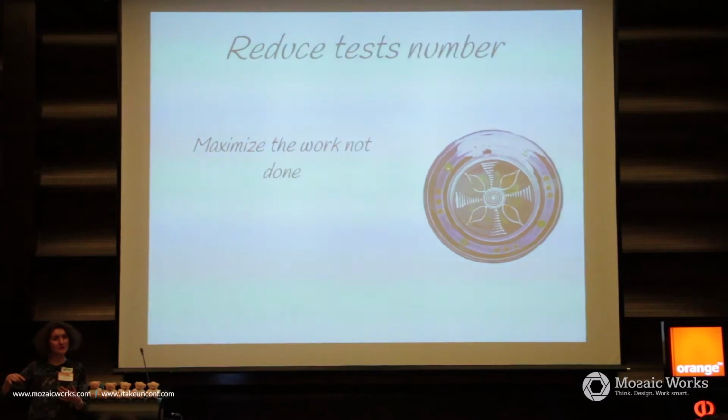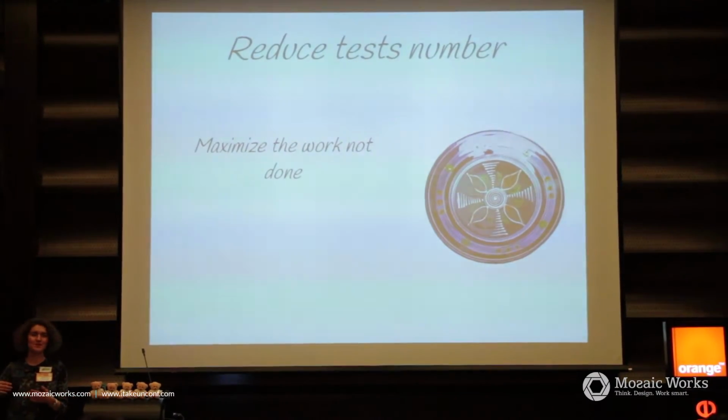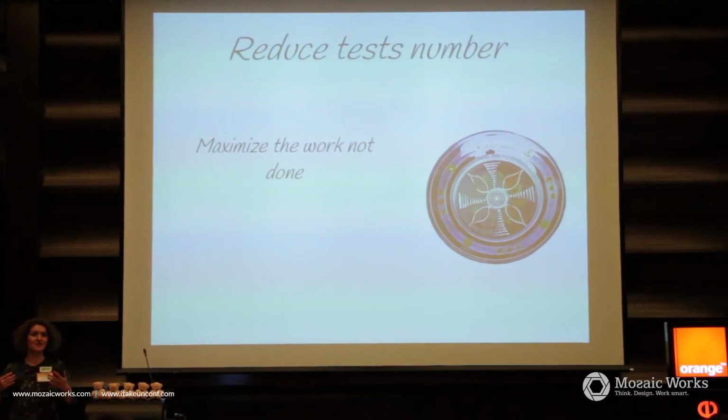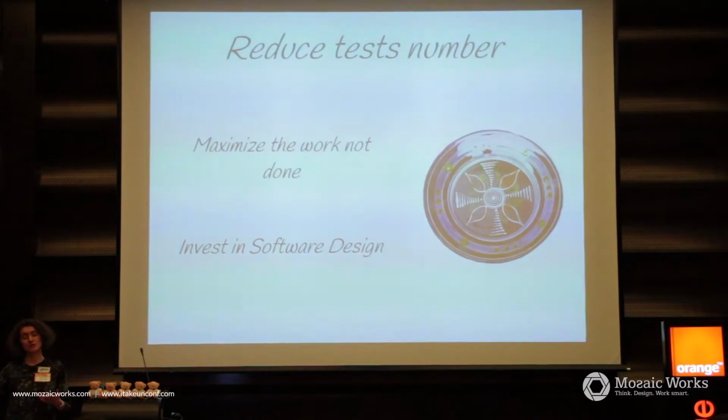Because as we know, sometimes we tend to build functionalities and features that are not used. We want to discover that. And with a good software design, time and experience have proven that a good software design will limit the number of your unit tests mostly.